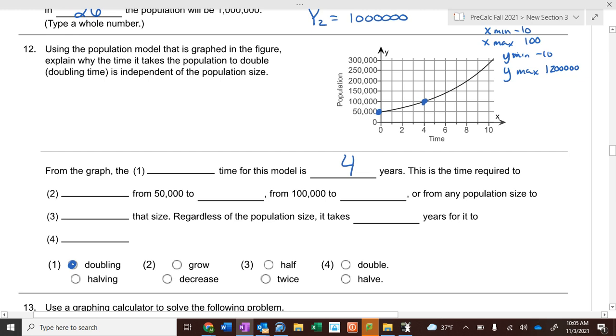The time required for it to grow from 50,000 to 100,000 and from 100,000 to 200,000, or twice that size. Regardless of the population, it takes 4 years for it to double. Okay?